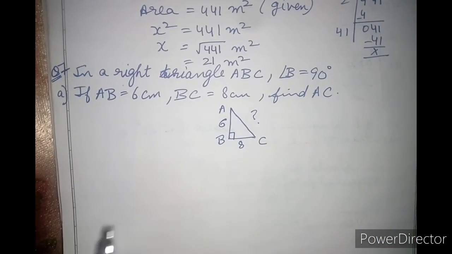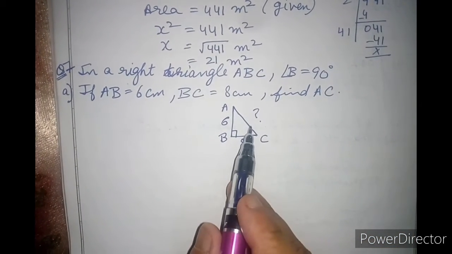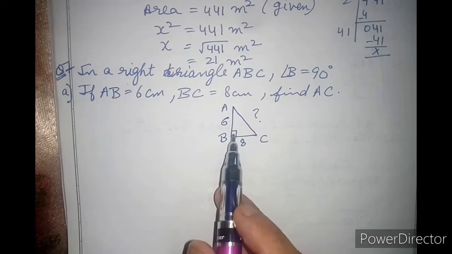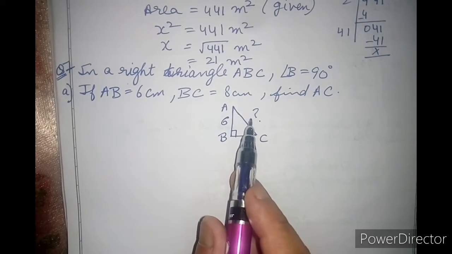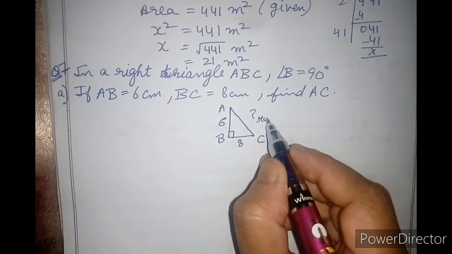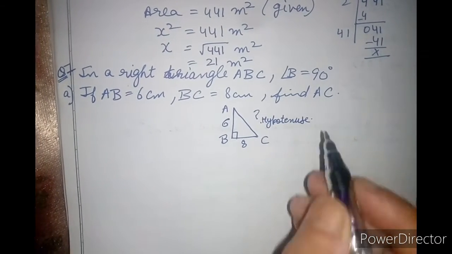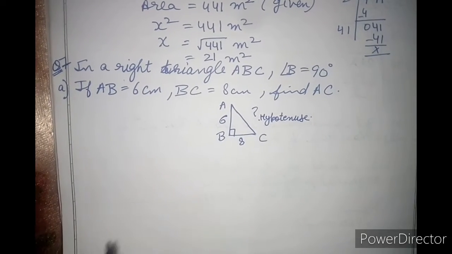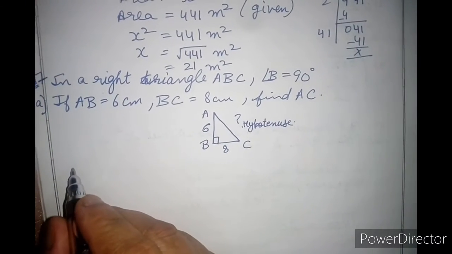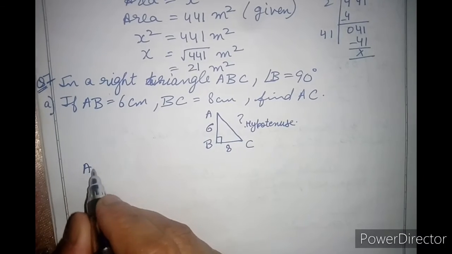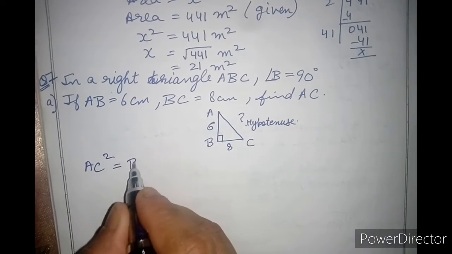Now in right angle triangle, the side opposite to right angle is called hypotenuse. Remember your 7th class Pythagoras theorem. So we will write AC square is equal to BC square.